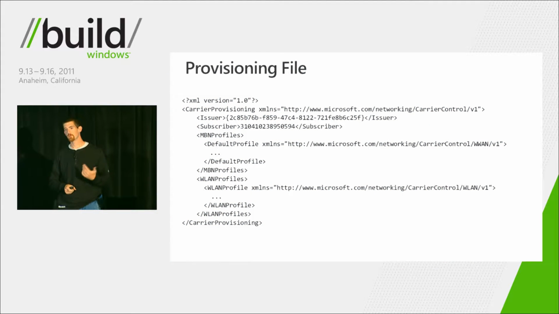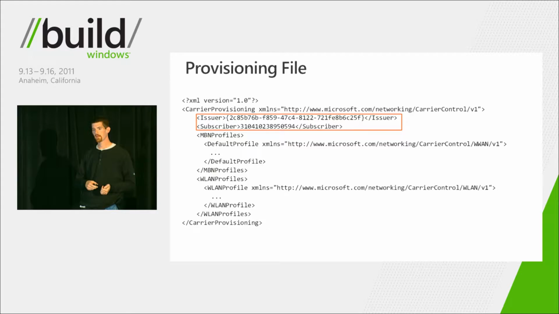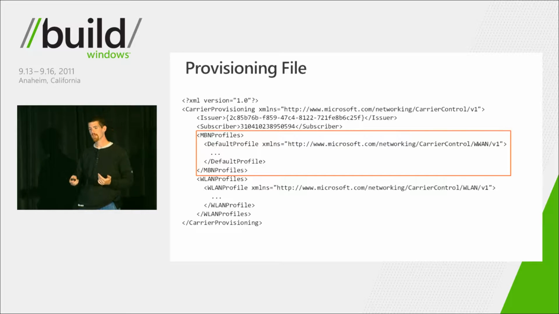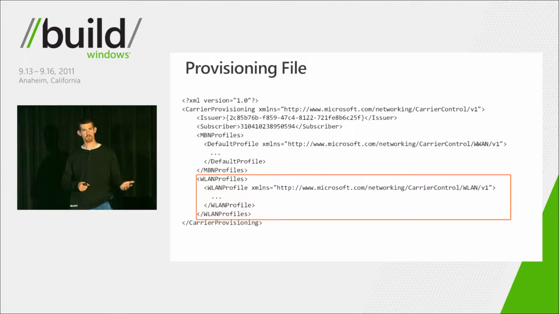Just to give you an example what it looks like, you have the carrier provisioning as the top element. Within that, you have an issuer and subscriber that tells us for which carrier and for which unique subscriber ID this file is targeted. After that, you have one or more mobile broadband profiles, or 0 or more actually, and 0 or more WLAN profiles.